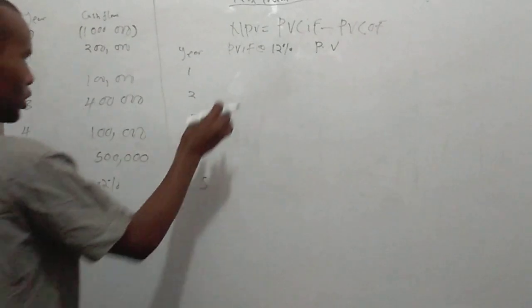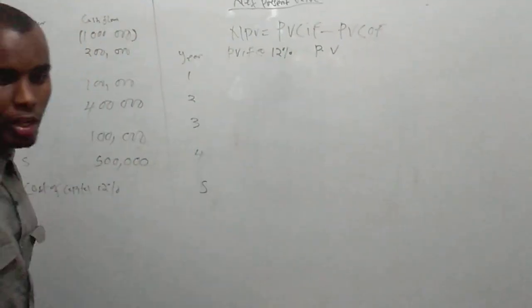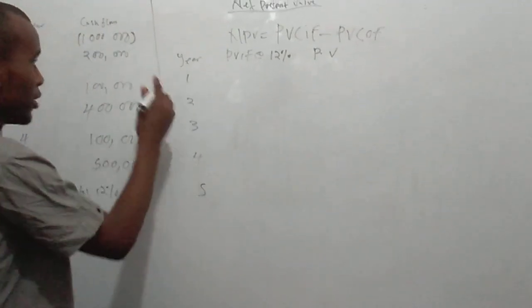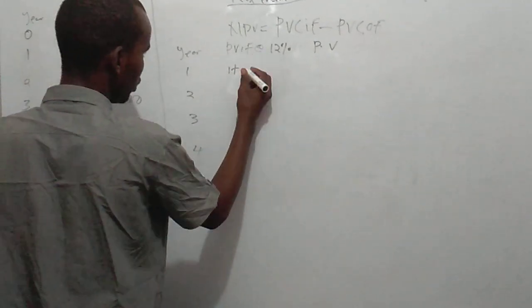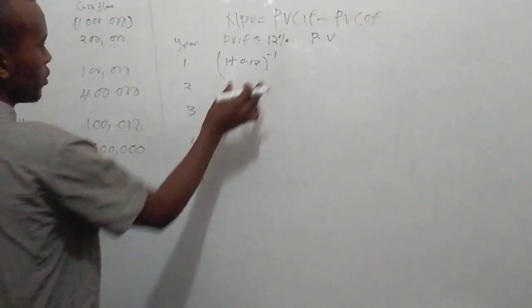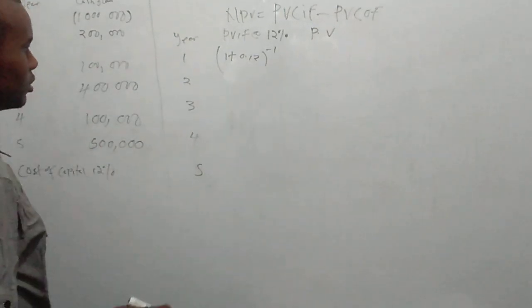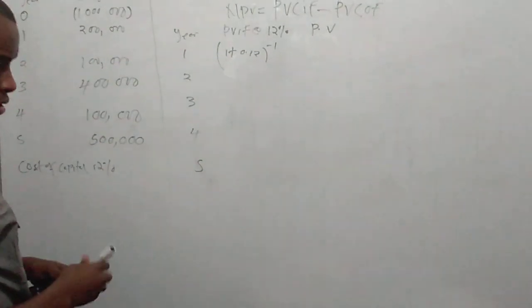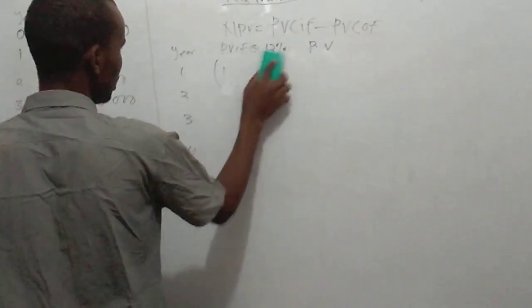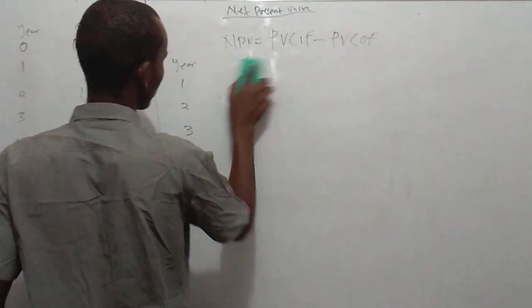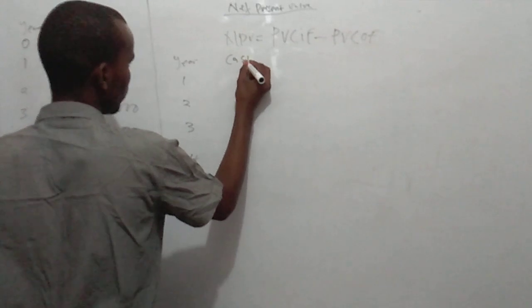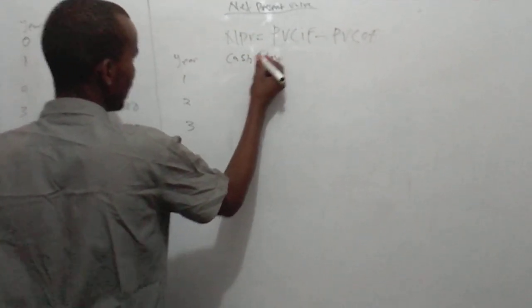Remember, these are normally given in a paper, but you can get it by saying for year 1, 1 plus 0.12 raised to negative 1. But before we write this, let's have the cash flow.